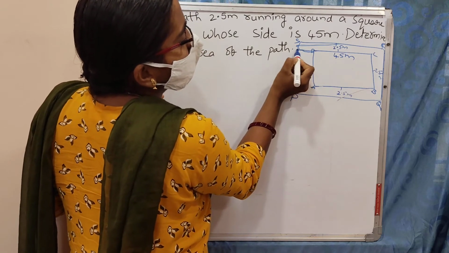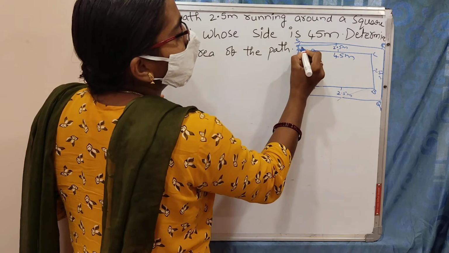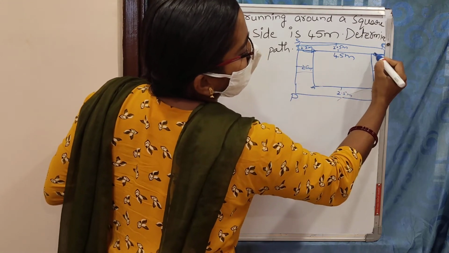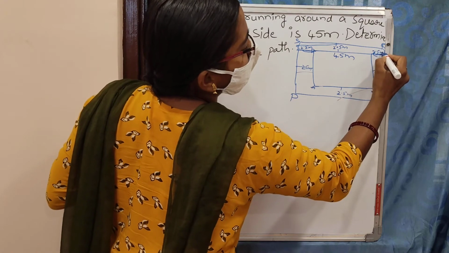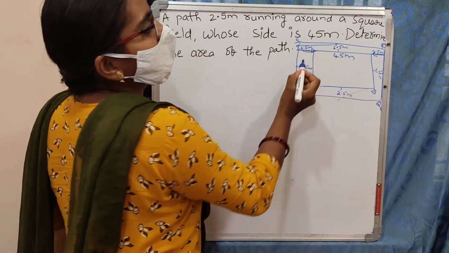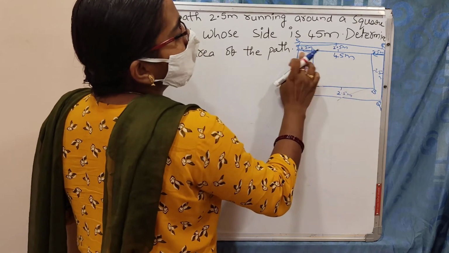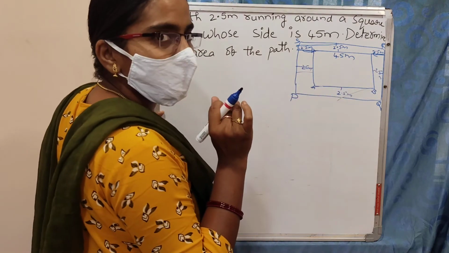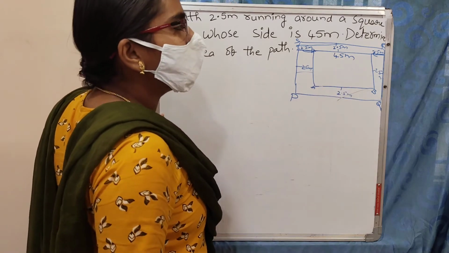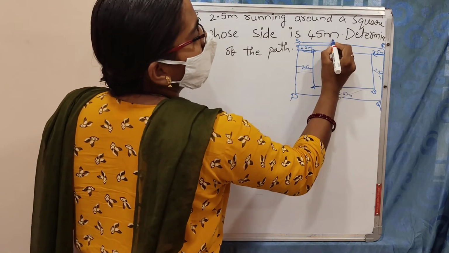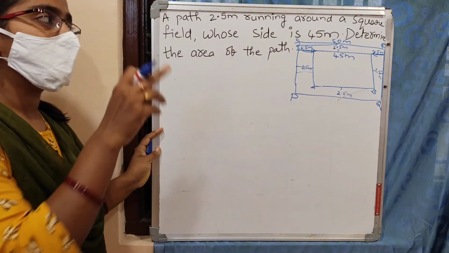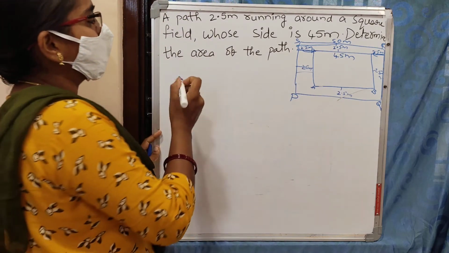Means from here to here, here to here also 2.5 meter, and here to here this is also 2.5 meter. Then this total length, 2.5 plus 2.5 is 5, plus 45, 45 plus 5 is 50 meter. So the side of this square PQRS is 50.